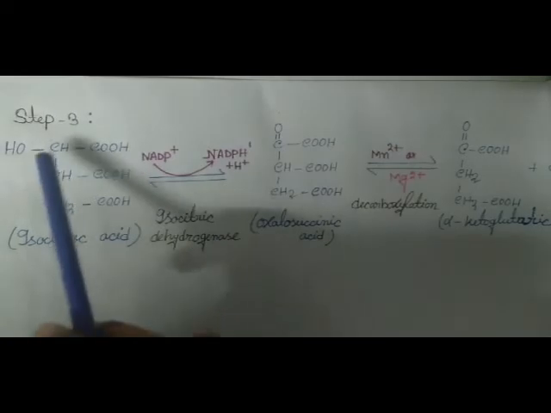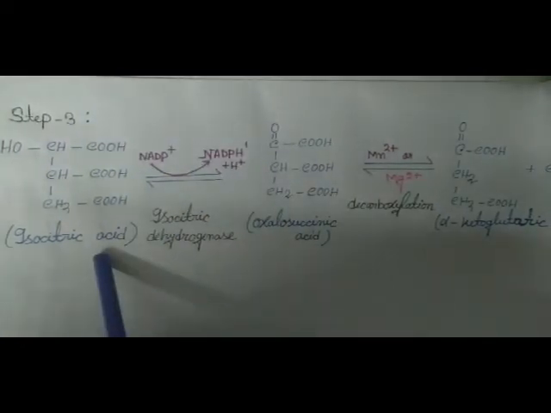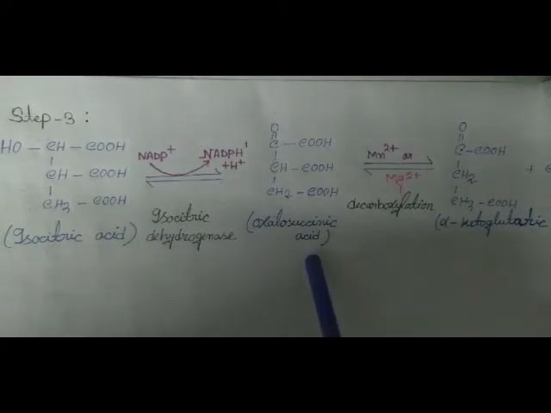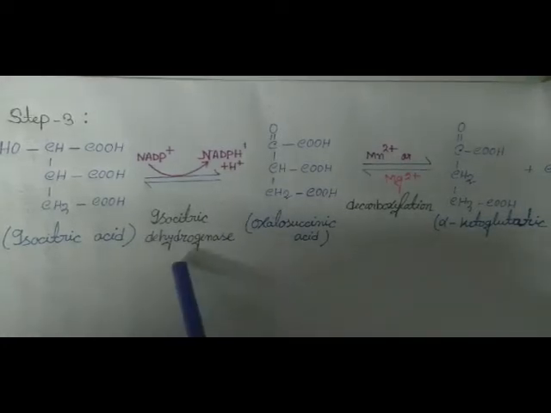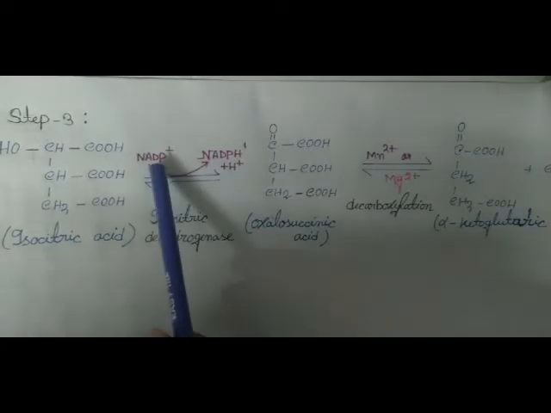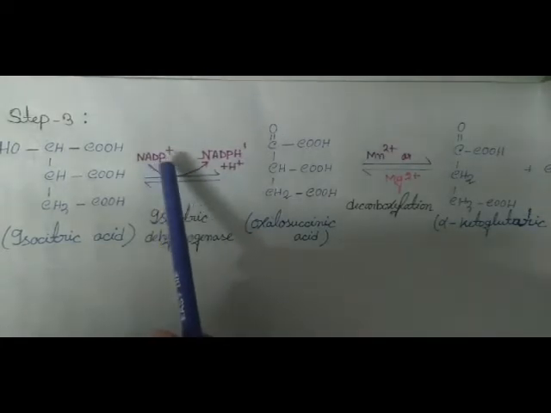So next, step 3, where isocitric acid is transformed into oxalosuccinic acid by the enzyme isocitric dehydrogenase and NADP+ or NAD+.